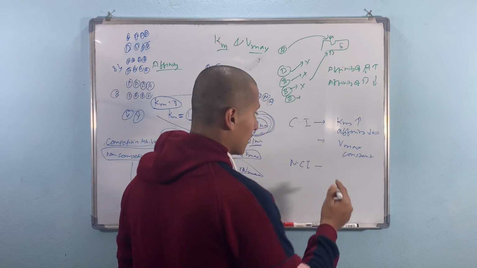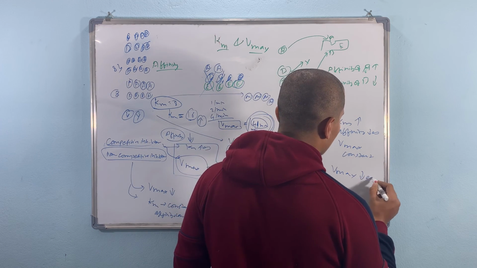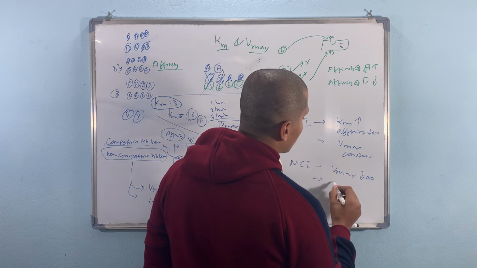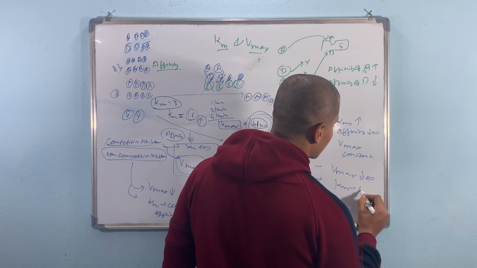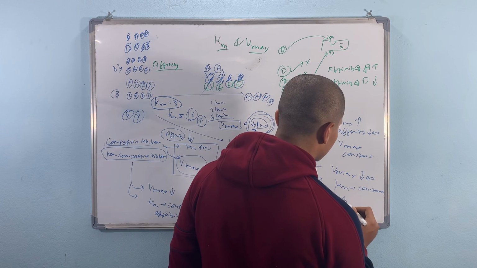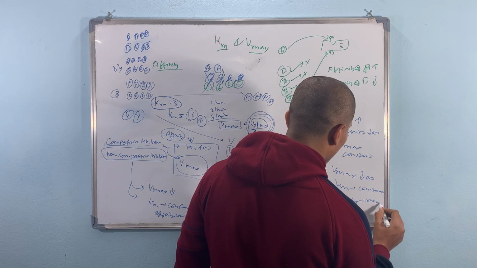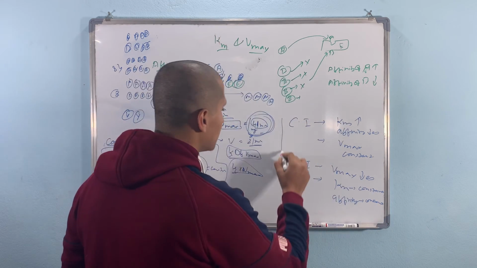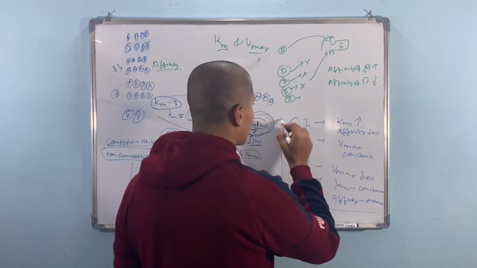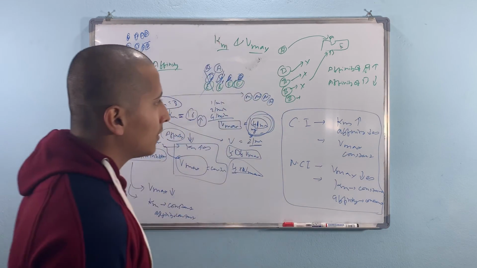If we add that, it actually decreases the Vmax, but the Km remains constant, or affinity does not change, right? So this is the gist we wanted to talk about in this video.